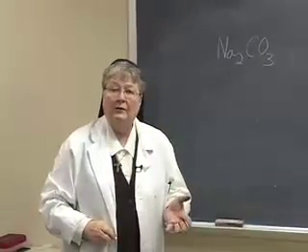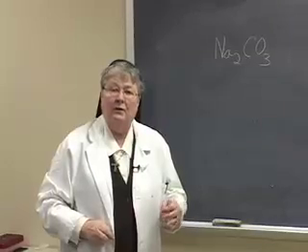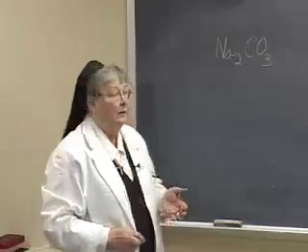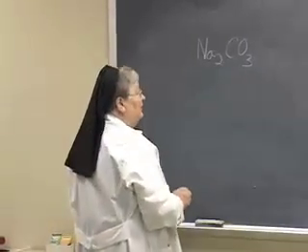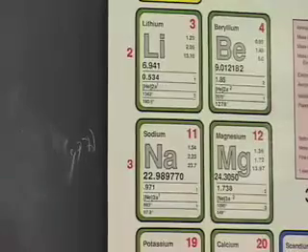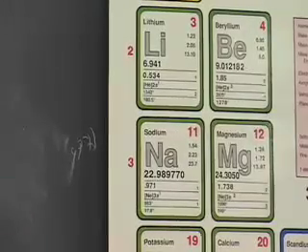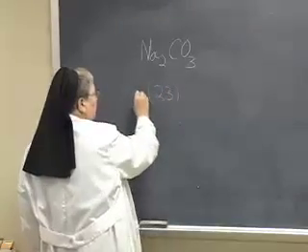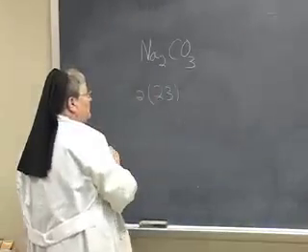Now, to get a mole of sodium carbonate, we're going to have to know the molar mass, or the formula weight, in grams. The way in which we'll do that is we'll look up sodium and round it up. We're going to estimate this. It would be 23, and we have to multiply it by 2 because we have 2 of them.